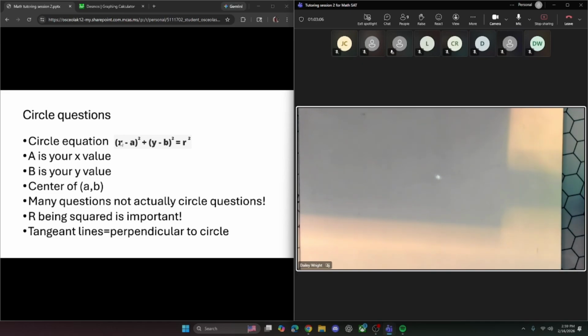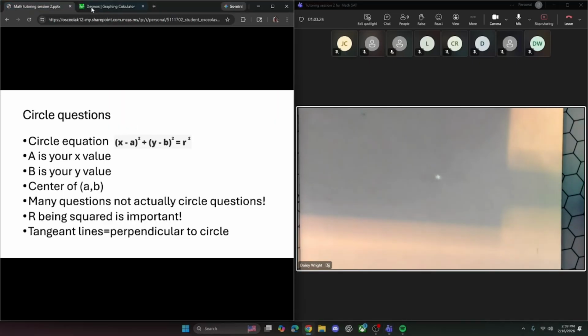Okay, so this is what the equation looks like, and I am going to break this down for you guys. A is your x value, B is your y value, and the center of the circle equation is AB.